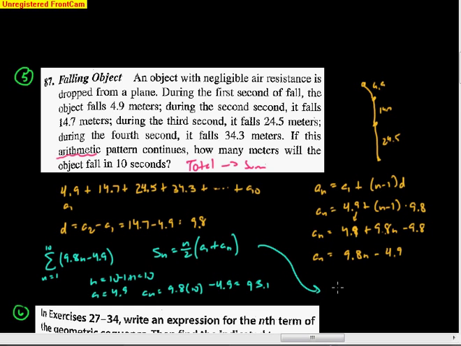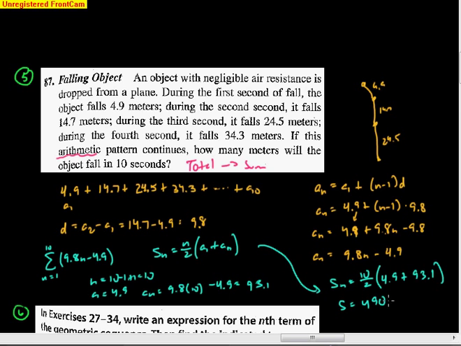So I'm going to take this formula over here, so the sum is equal to 10 over 2 times the first term, 4.9, plus the last term, 93.1. And that comes out to be 490.